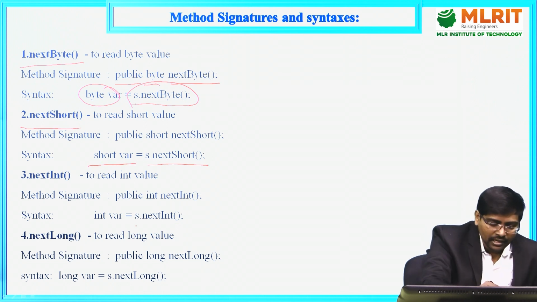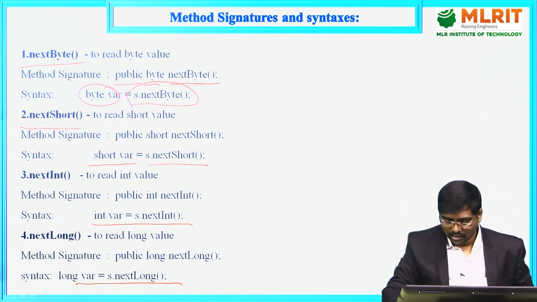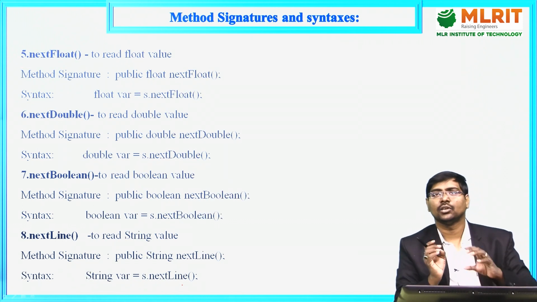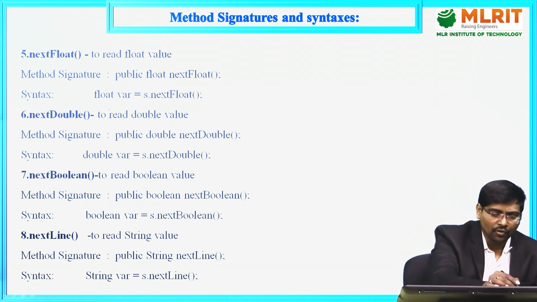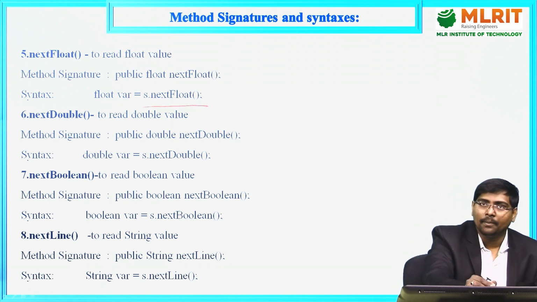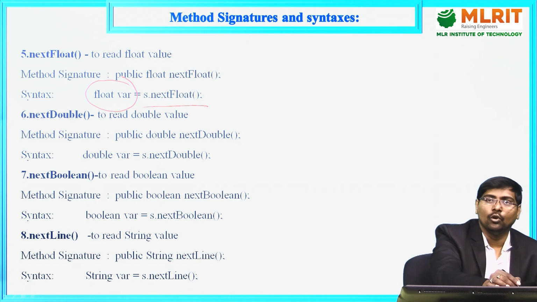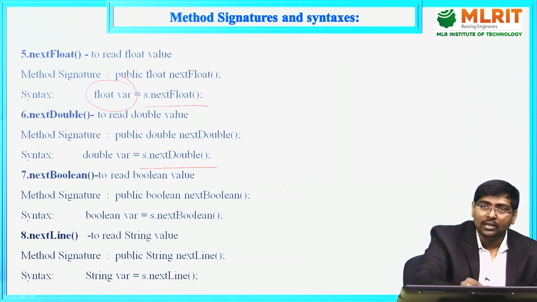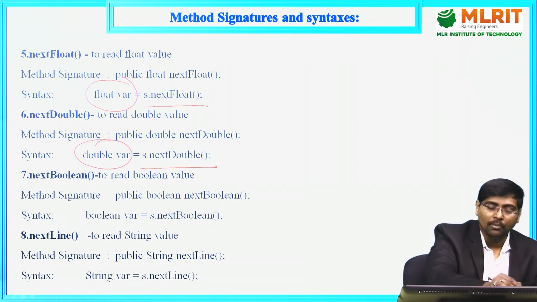If it is an integer, nextInt; long, nextLong. Now, in a similar fashion, if it is a real number, that is a float, nextFloat is the method, assign it to a float variable. nextDouble is the method, assign it to a double variable.